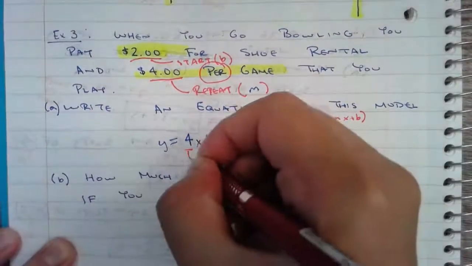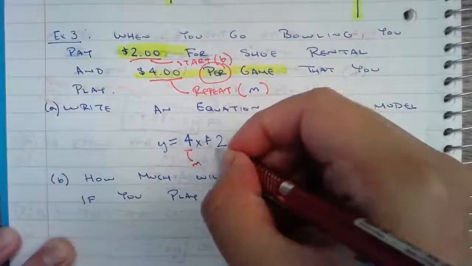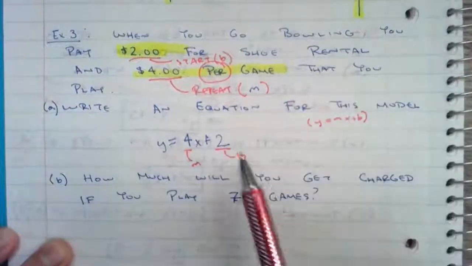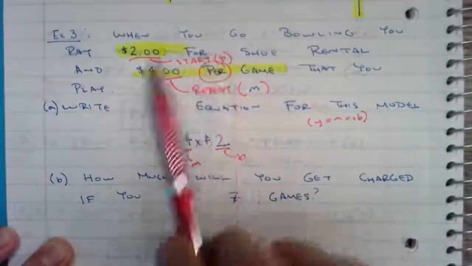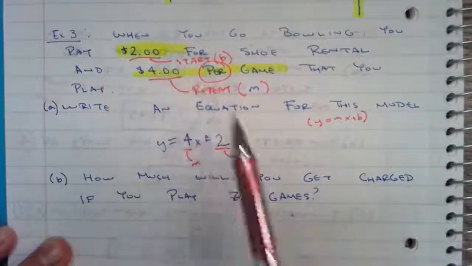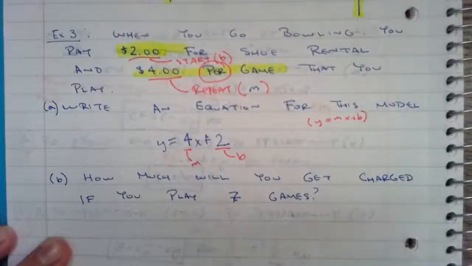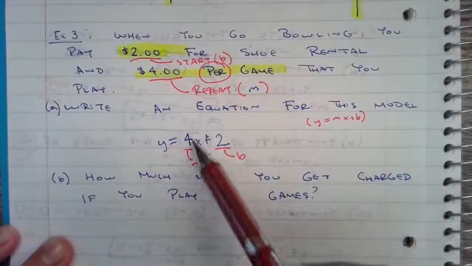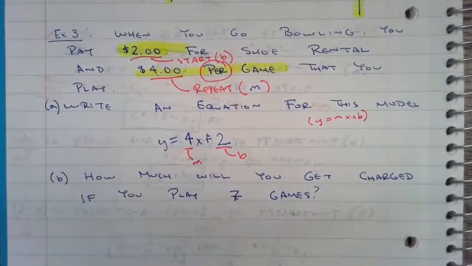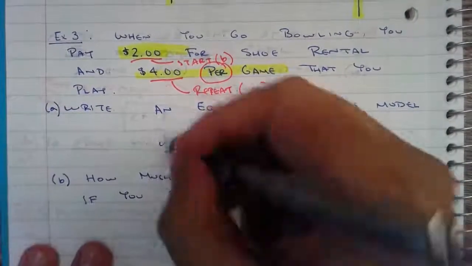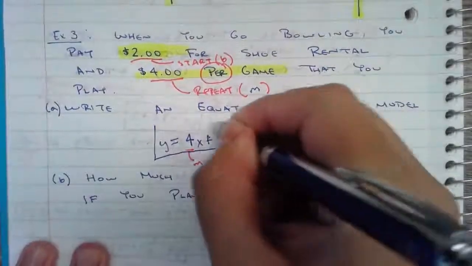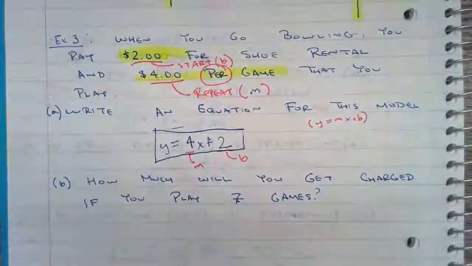Again, this is your slope, and this is your y-intercept. What you start with is your y-intercept. The one that repeats, look for words like per or every, that's going to be your slope. So that's my equation, and I'm going to box that up: y equals 4x plus 2.